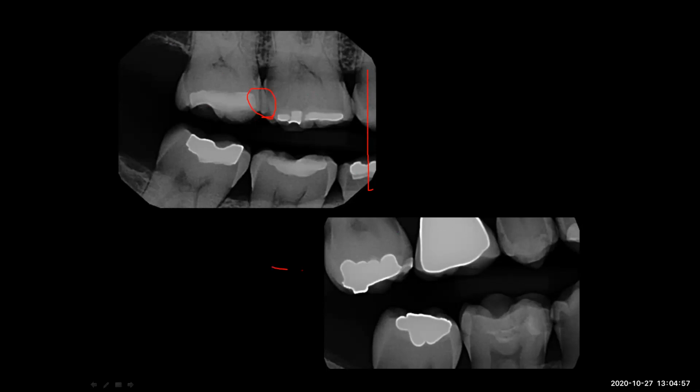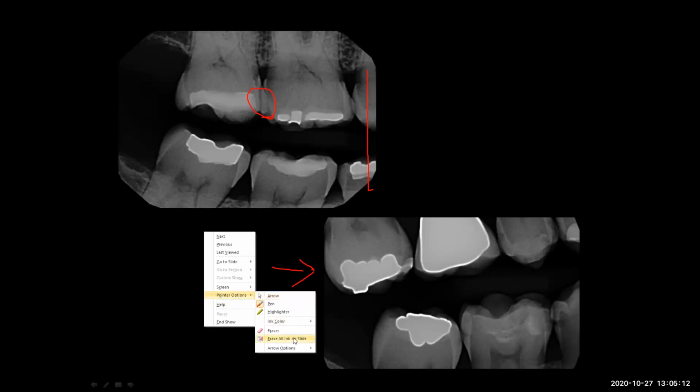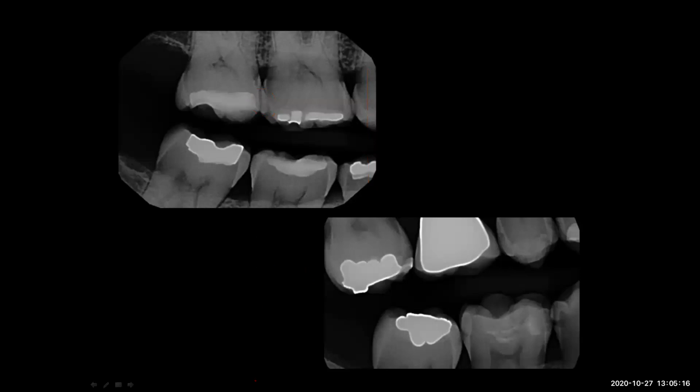Why didn't they take a vertical bite wing? This just infuriates me when I see stuff like this. Dentists like horizontal bite wings because they can see what they need to see, and it's easier to open up the contacts on horizontal bite wings than it is on vertical bite wings. But you can see we're missing a whole lot of information from that.